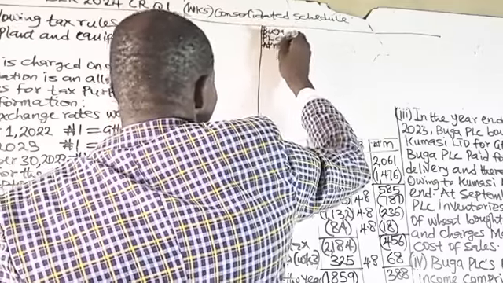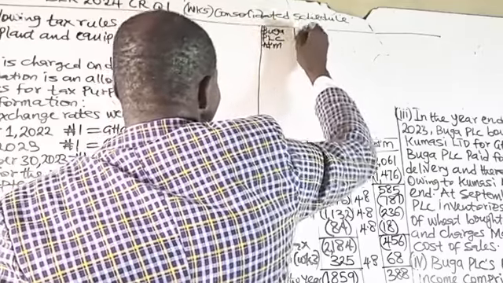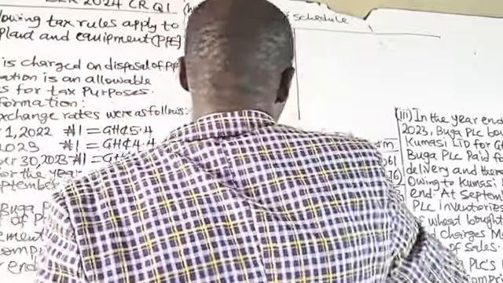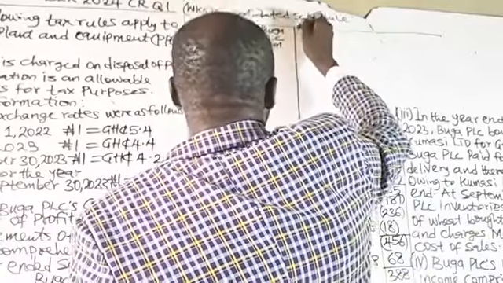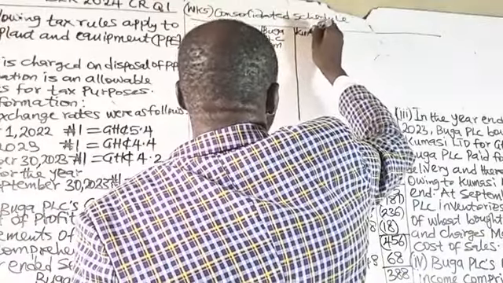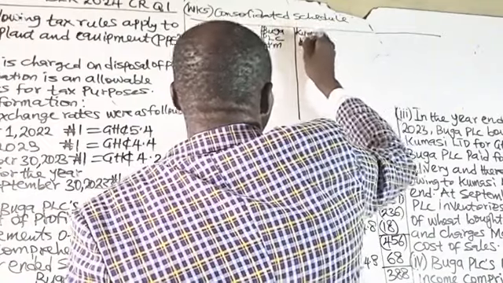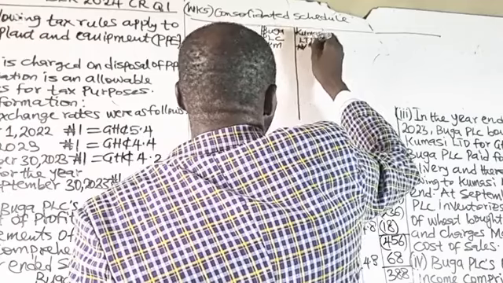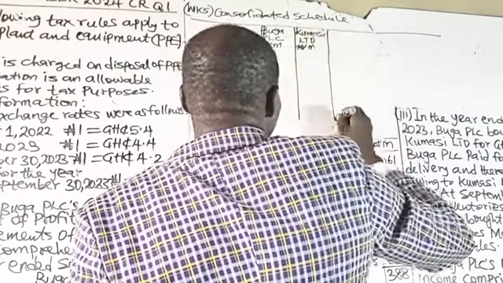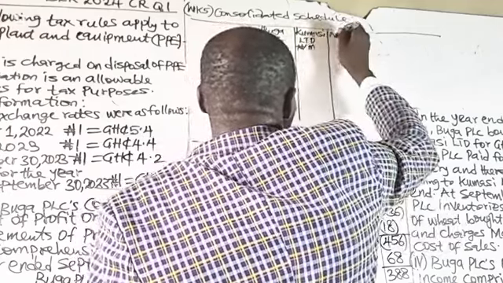The currency is in Naira. After Buga PLC, we have the subsidiary, which is Kumasi Limited. So we've translated the financial statement of Kumasi Limited to Naira. After this, we have adjustment.